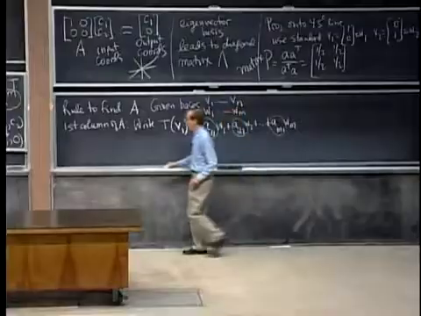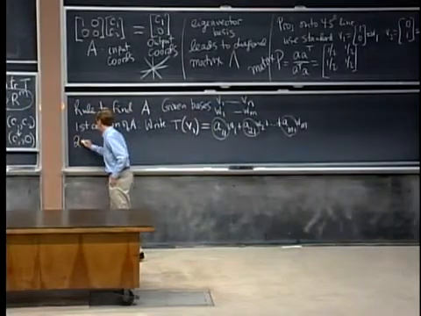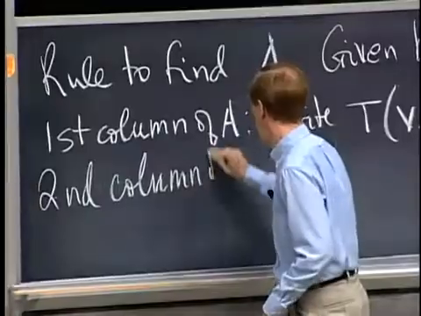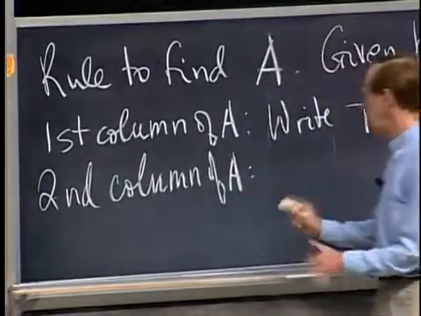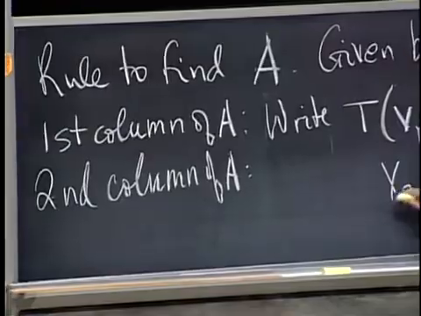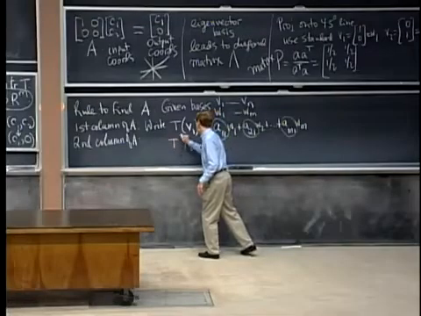Second column. Let me make the point by doing the second column of A. What's the idea now? I take the second basis vector. I apply the transformation to it.